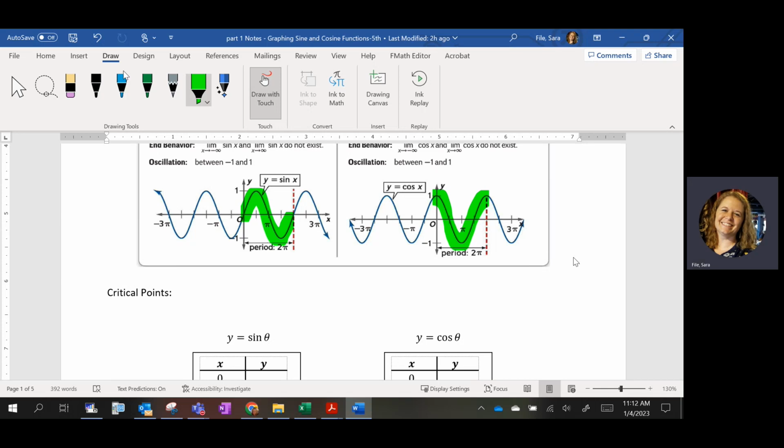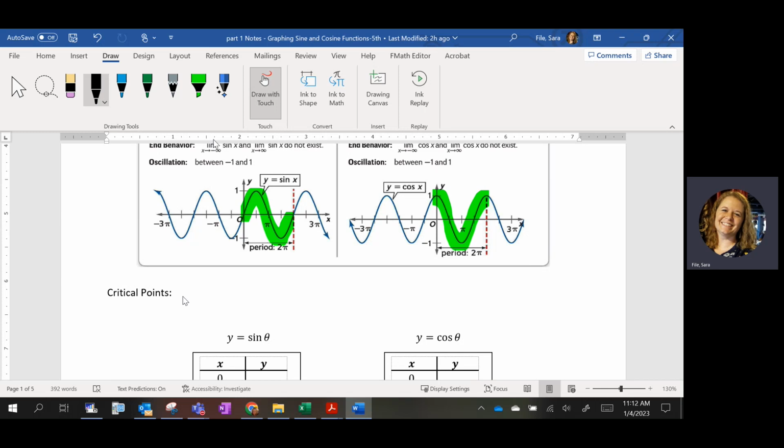Okay, so what we're going to look at underneath here using those is we're going to talk about what's called the critical points. So you should remember back when we were doing the unit circle last semester, we learned and memorized all of the special 30, 45, and 60 degree reference angles all the way around a full rotation.